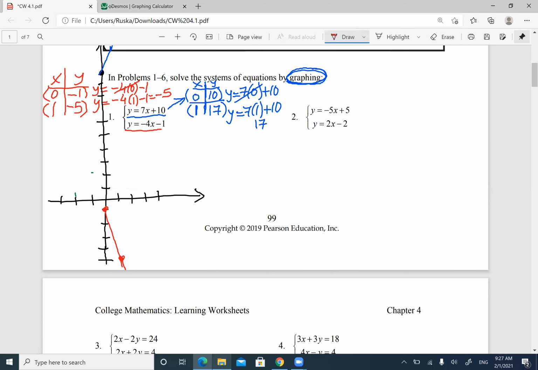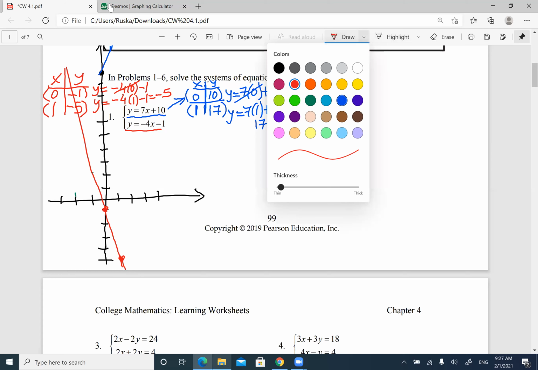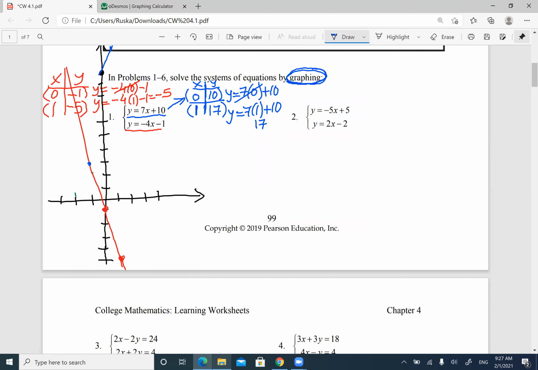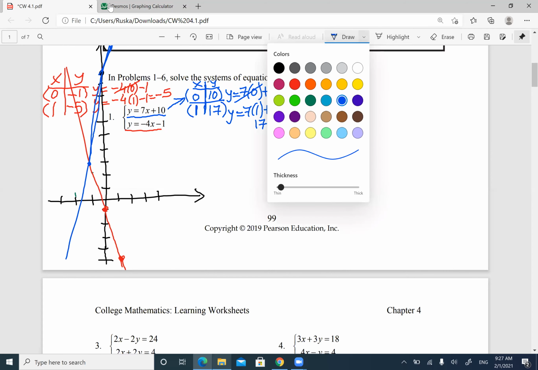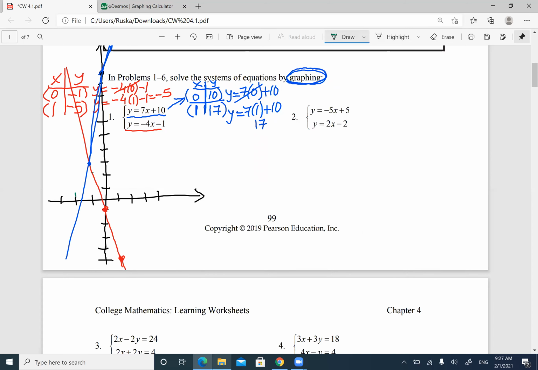So this line is red. The red line is good. And then the blue line is going to cross here. Okay, so it's going to look something like this if you graph it more precisely. So this is -1 and 3.